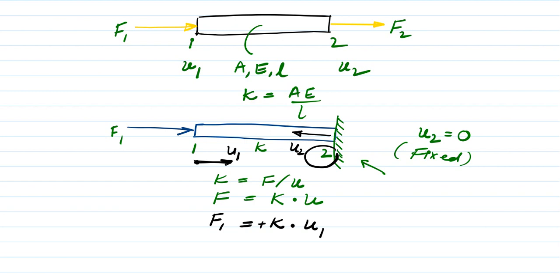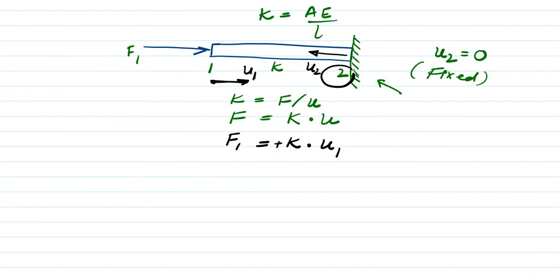So the same equation can be written as F1 is equal to K, and the displacement will be U1 minus U2.